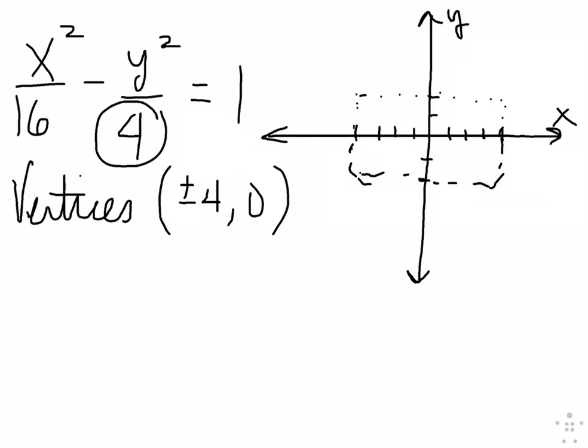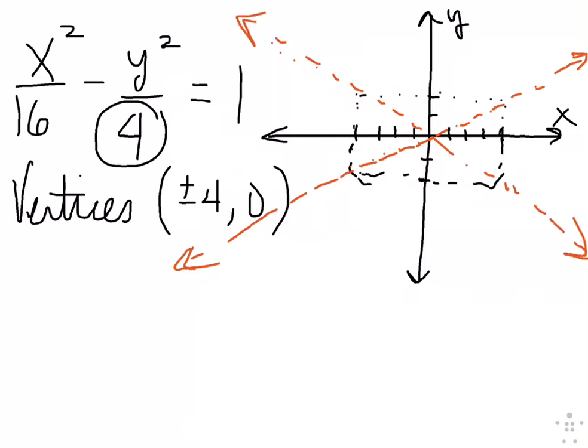I'll put the asymptotes in red just so you can see them, but I'm still going to put them as dashed lines. So if I connect these things right here and continue to carry them on forever, and then connect them over on this side, there are your asymptotes.